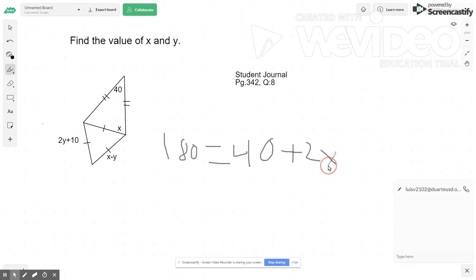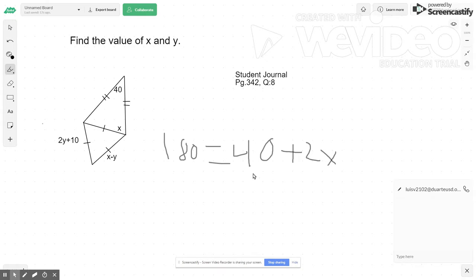And you may be wondering where we got 2x, and we got it because we're using base angles theorem. In base angles theorem, it says if two sides of a triangle are congruent, then the angles opposite them are congruent. As you can see here, these tick marks say that both these sides are congruent. So since this side is x, then this side would also be x. So it's 180 equals 40 plus 2x.